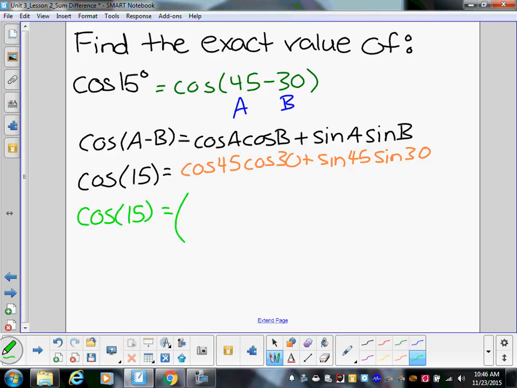The cosine of 45 is root 2 over 2. The cosine of 30 is root 3 over 2.